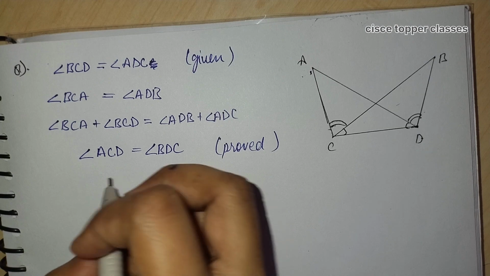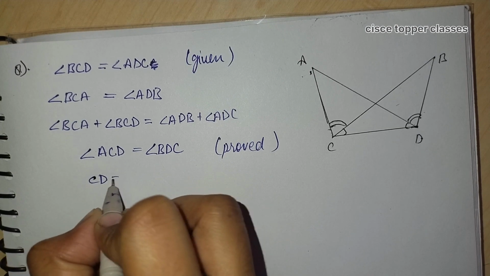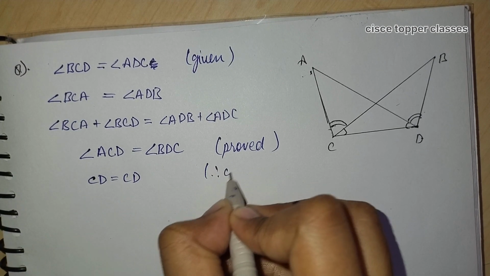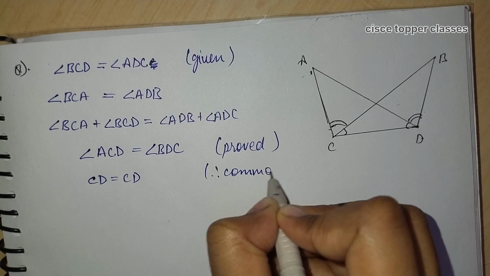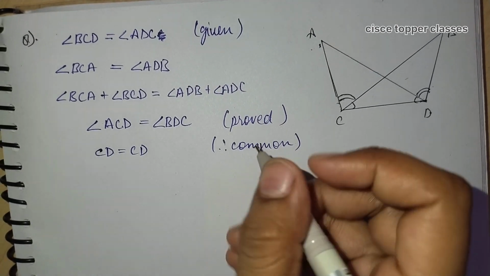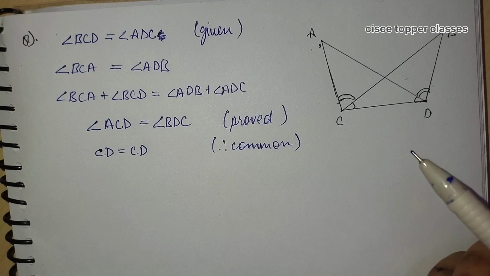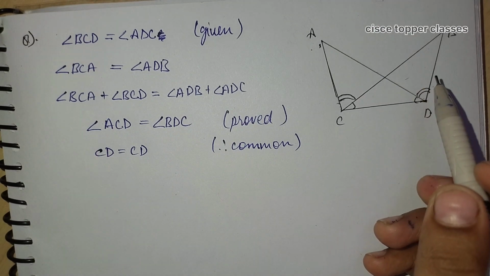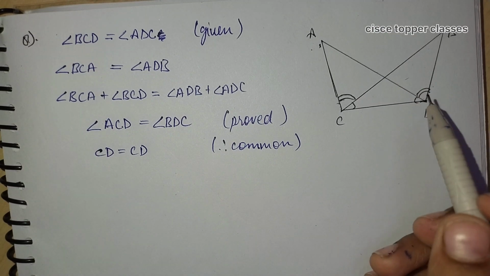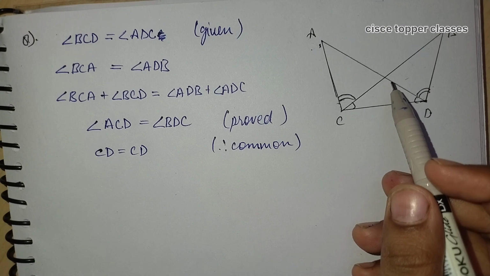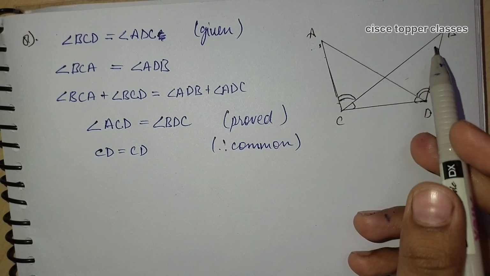And now the third is in the triangles, CD is common here. So we have three things here common. Now we can simply write that it is angle side angle congruency. Means here we have these angles and this is the side which we have.